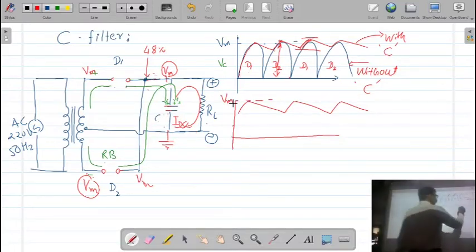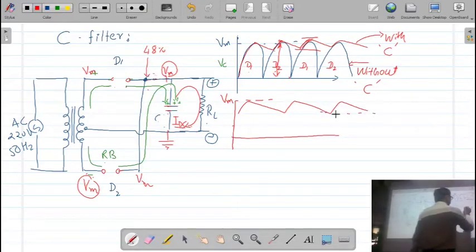Now, whatever the voltage is between this peak and this peak, it is known as the ripple voltage.